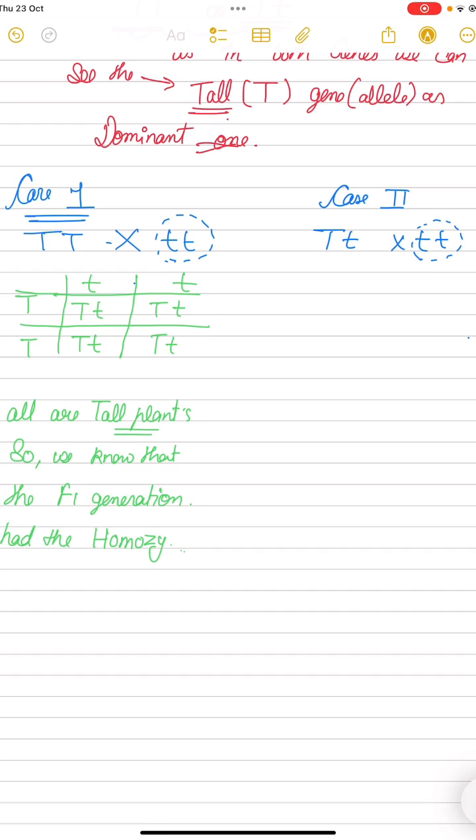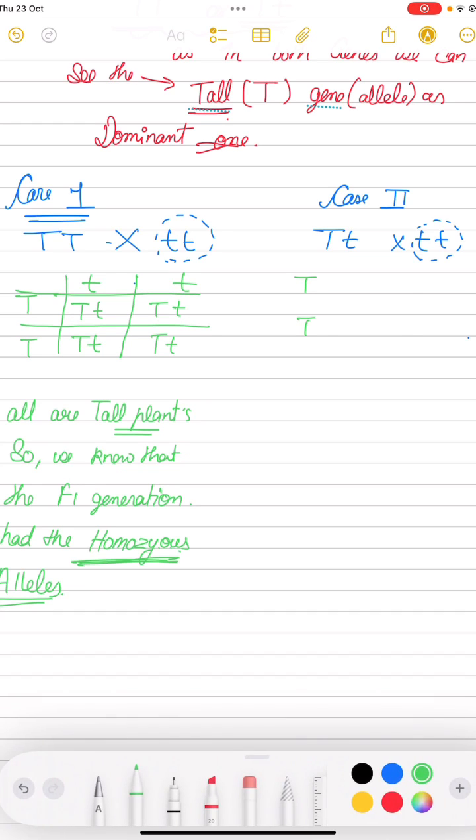Homozygous. Homo means the same alleles in the genes, like big T, with no small t in the F1 generation. In the next case we have taken the hypothetical situation.